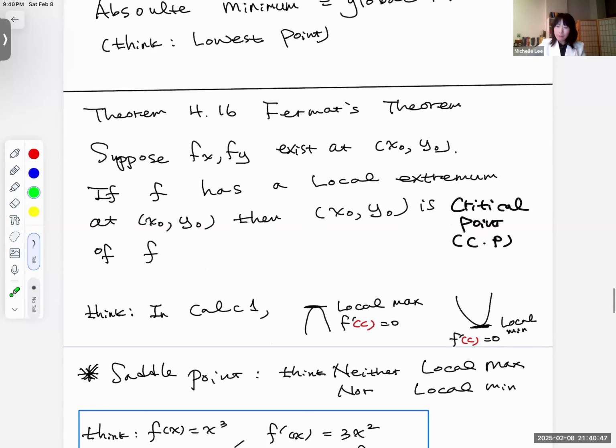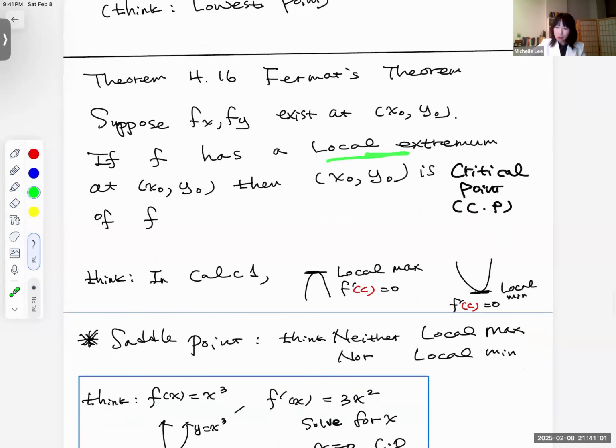Okay, we have a theorem, Fermat's theorem, from the French mathematician. So if the partial derivatives with respect to x and y exist, right? Okay, then we have a local extremum, and that local extremum is a critical point, right?